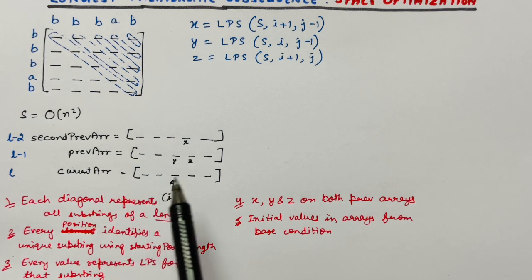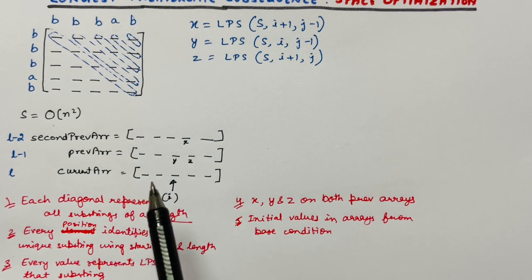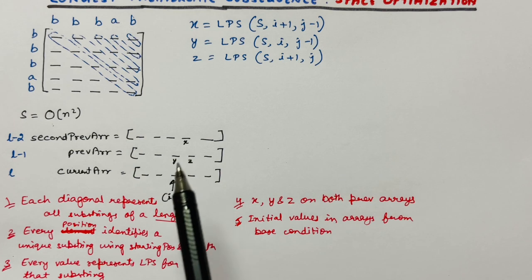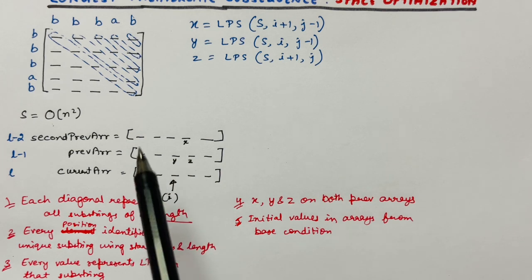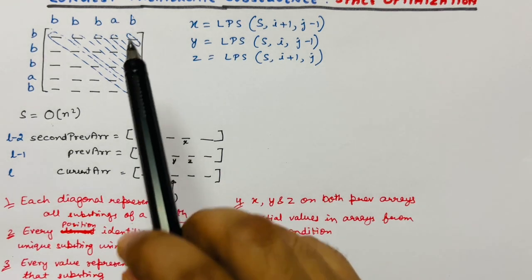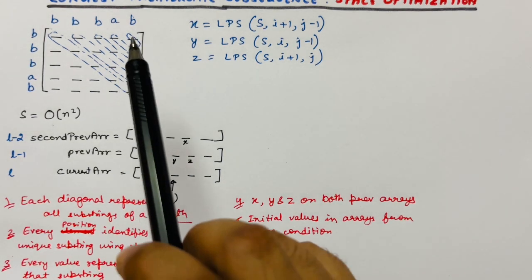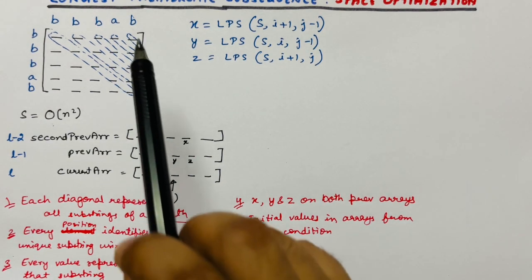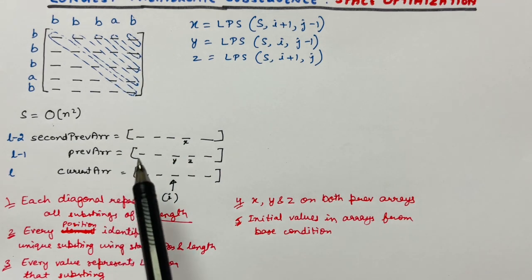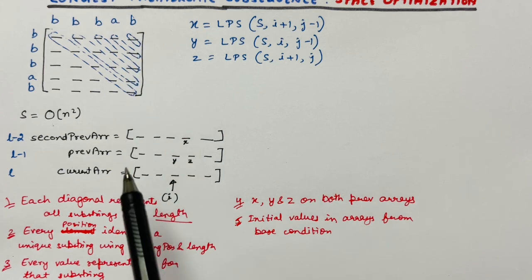Current ARR will now be empty for filling length 4's answers. And so on we will keep iterating until we reach here, and we will fill this final position. And when we reach here, we will return previous ARR's first element, because there will be only one meaningful element in this array to return finally.